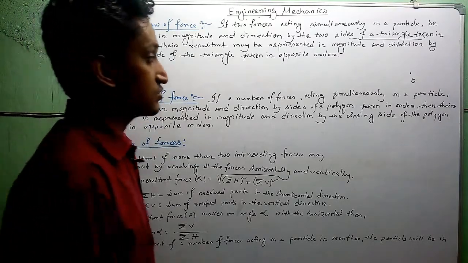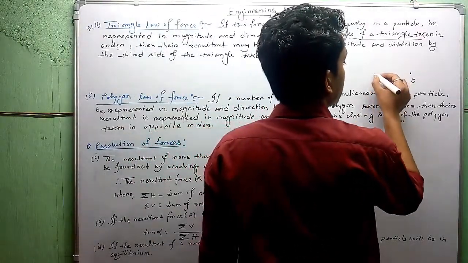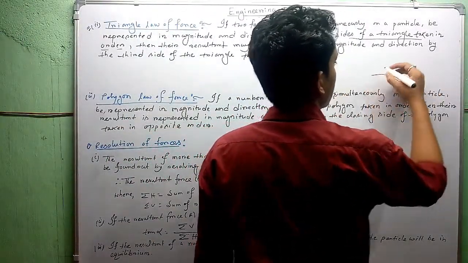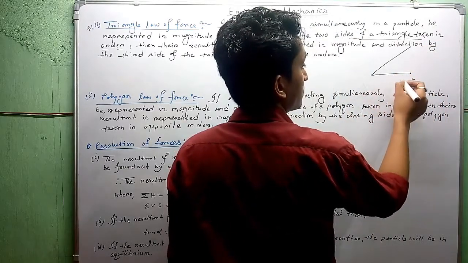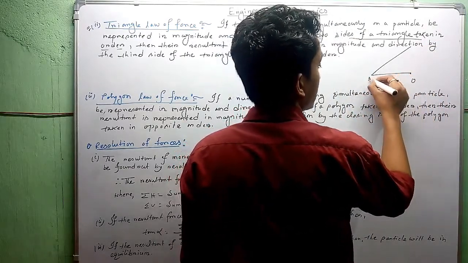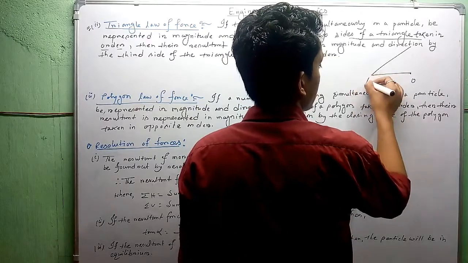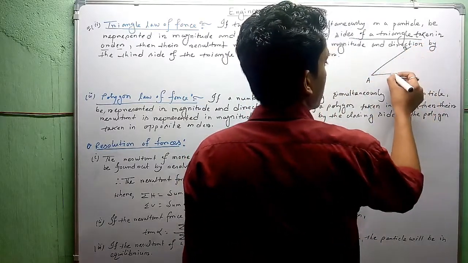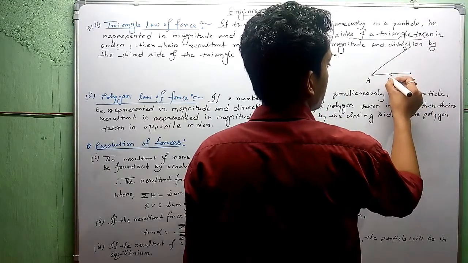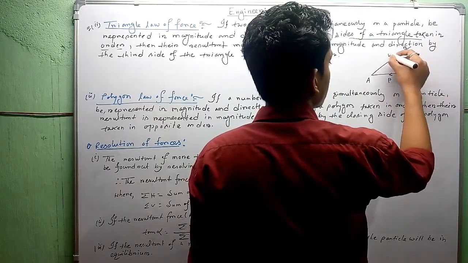Here are the two sides of the triangle. One is that side, the other one is that side. Okay, so we can name it as A, and here is B, and that is the force P, and that is the force Q.